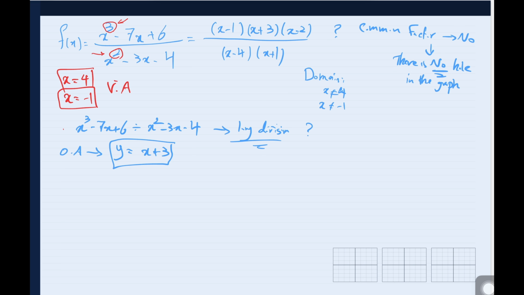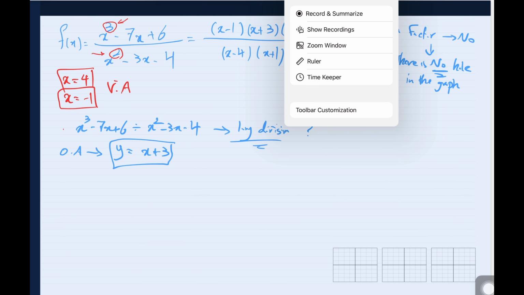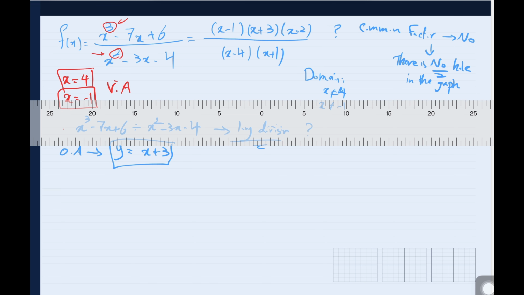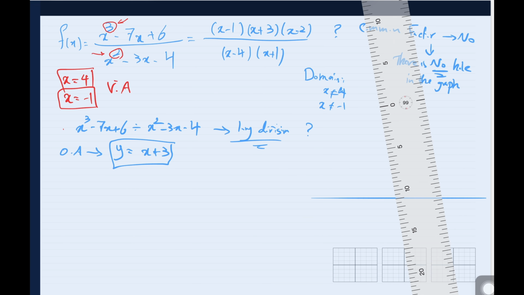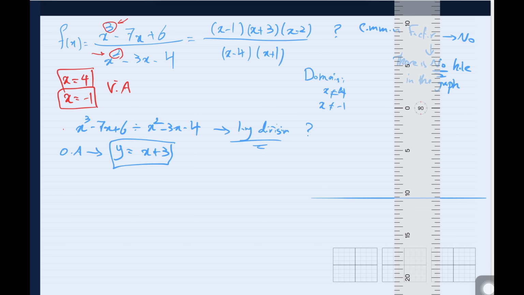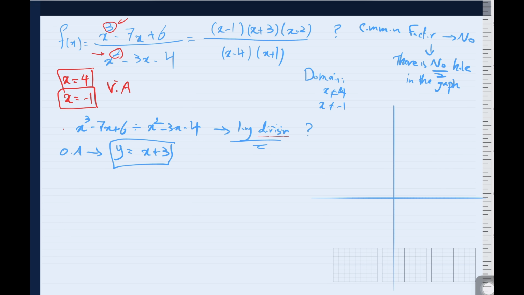Okay, now I want to graph this function. Imagine I'm going to graph that function here. I have two vertical asymptotes.